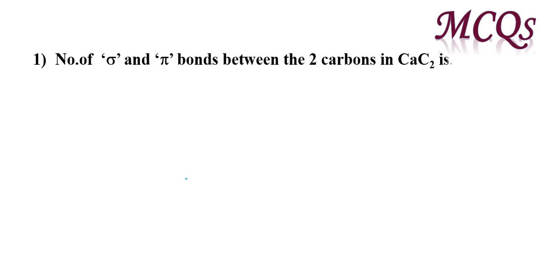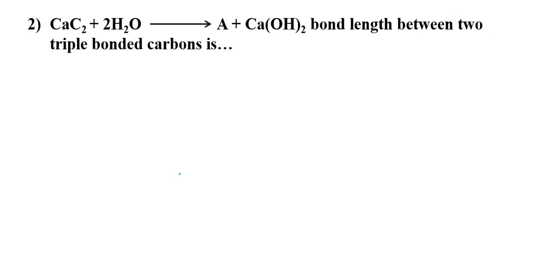Next, some questions on sigma bonds we can see. Number of sigma and pi bonds between the two carbons in calcium carbide is, yeah, just now I explained to you, 1 sigma and 2 pi bonds. Calcium carbide reaction with water is giving calcium hydroxide as well as A. What is A?